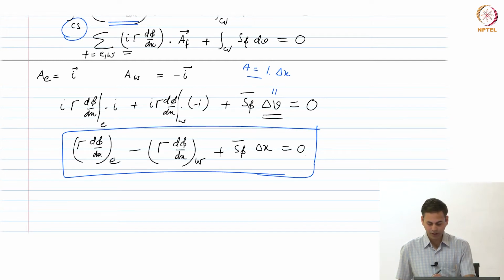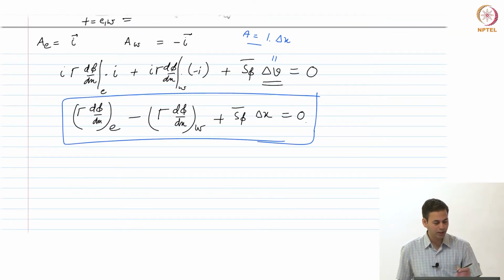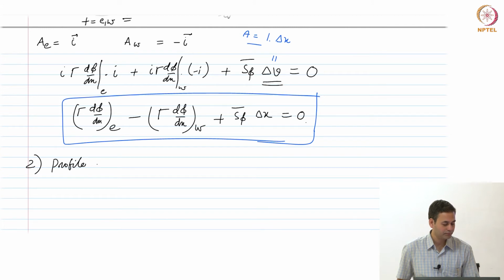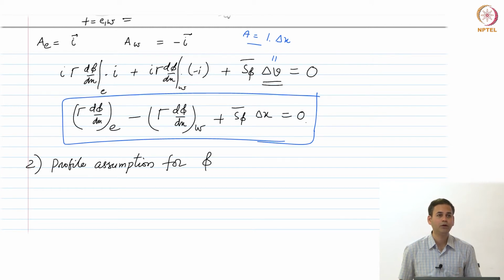Now, the integration is done, so we introduce a profile assumption for phi. We have these gradients d phi dx on the east face and on the west face. These two have to be somehow linked to the values of phi at the cell centroids.